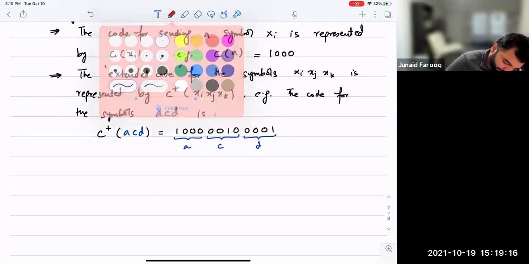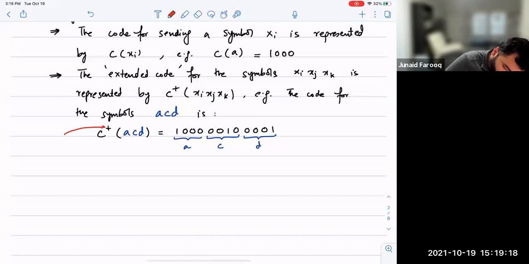And this plus symbol here just tells you that it's an extended, or concatenated, code.